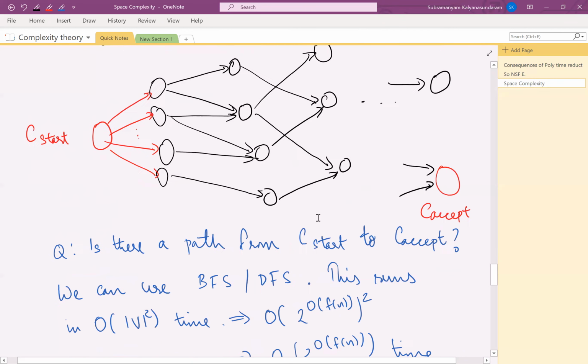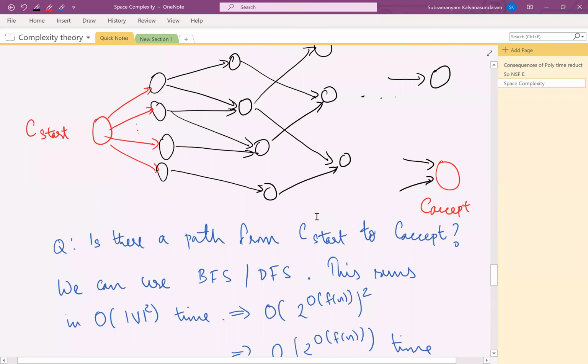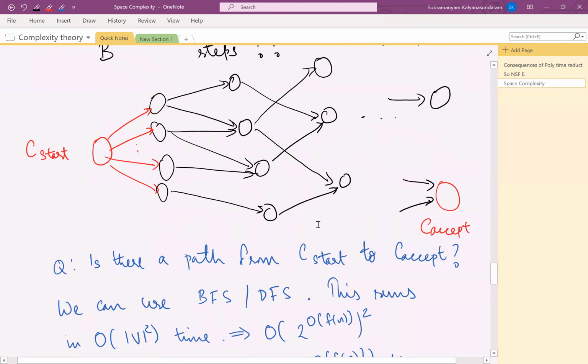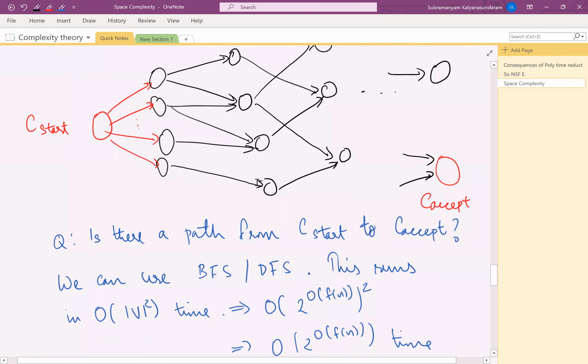I was just observing the point that we don't need to generate this thing before going ahead. So now when we plug in log n here, we get that non-deterministic log space is contained in polynomial time. So earlier we saw that deterministic log space is contained in polynomial time. Even non-deterministic log space is contained in polynomial time.